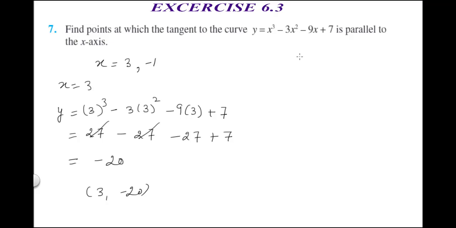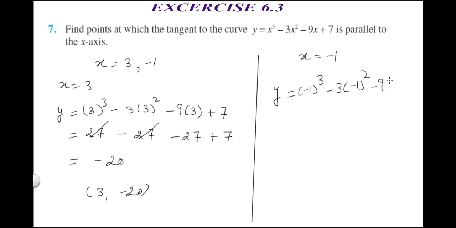When x is equal to minus 1, again we can solve by putting the value of x as minus 1 in the equation. We get y is equal to minus 1 cube minus 3 into minus 1 square minus 9 into minus 1 plus 7. We get minus 1 minus 3 plus 9 plus 7.